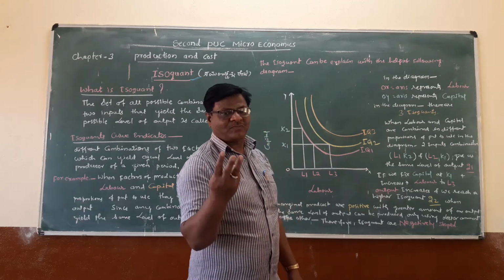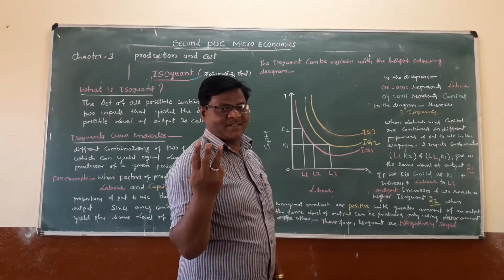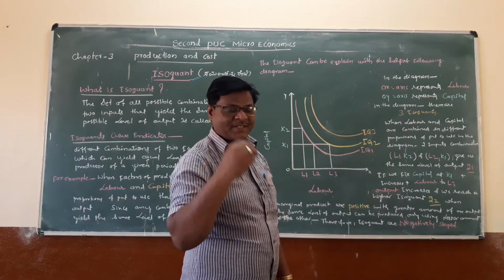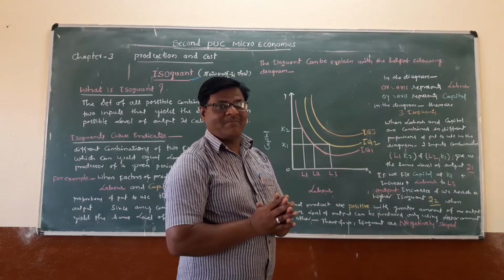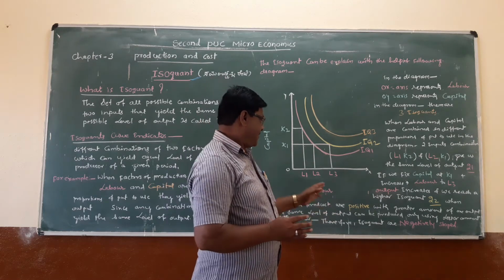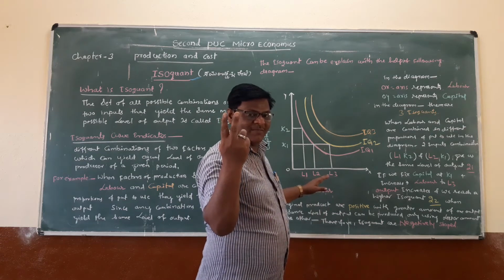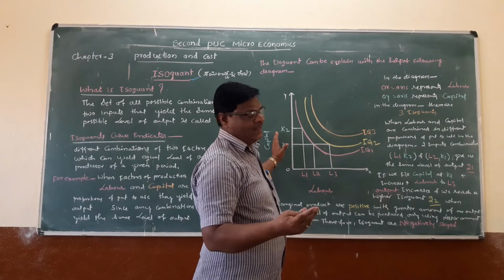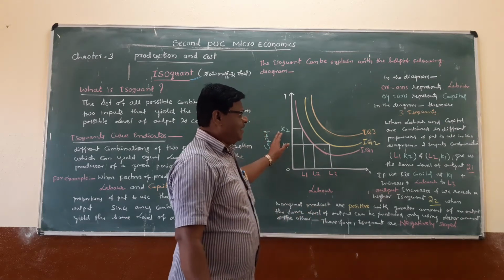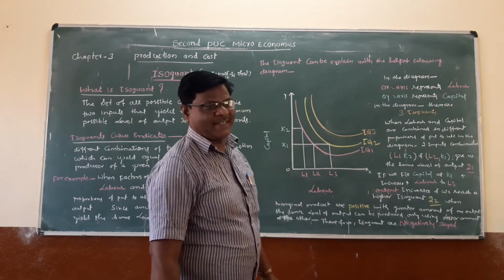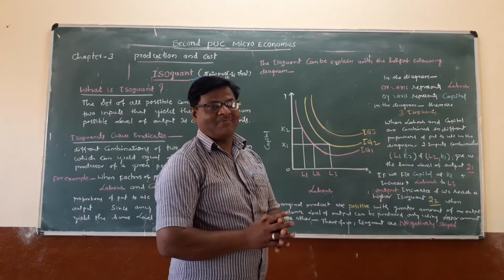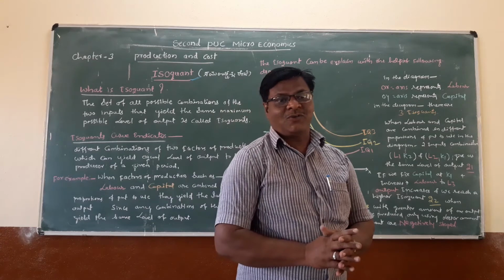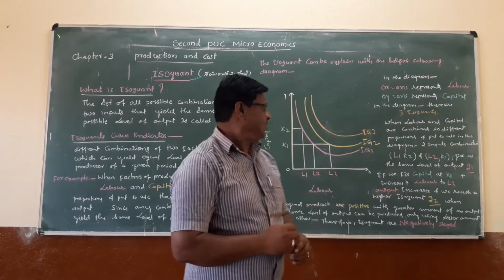Two factors of production are put to use, labor and capital, and different combinations of these proportions give the same maximum level of output.